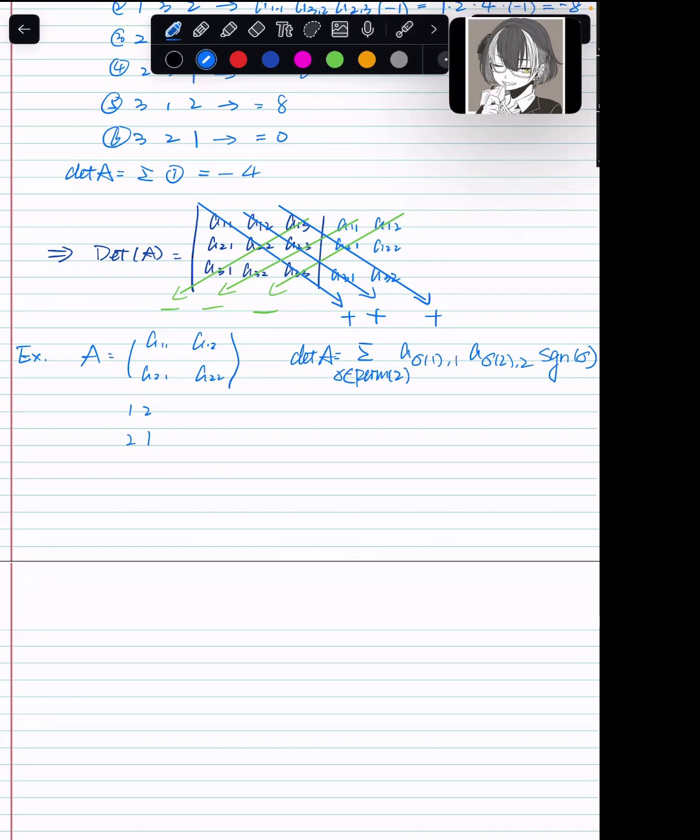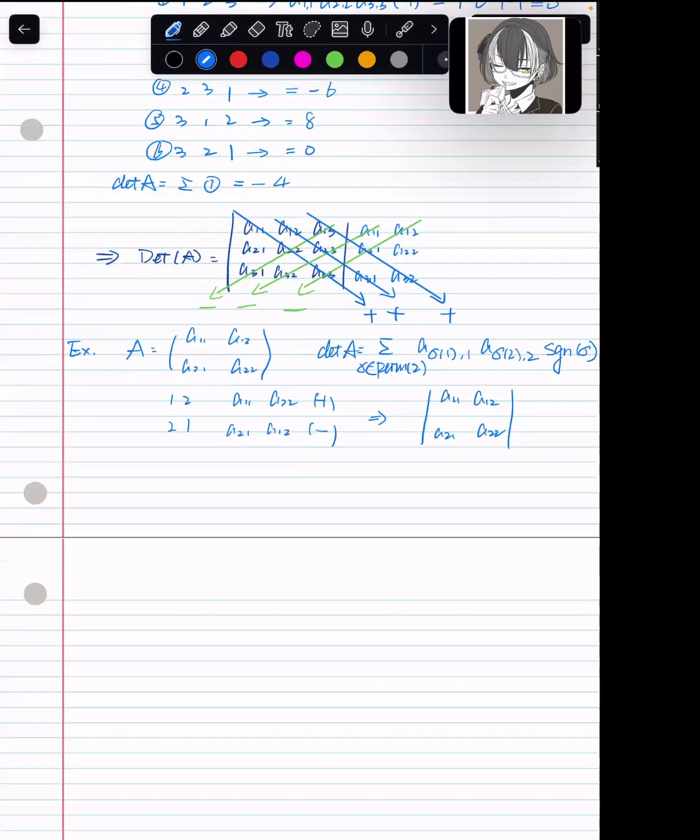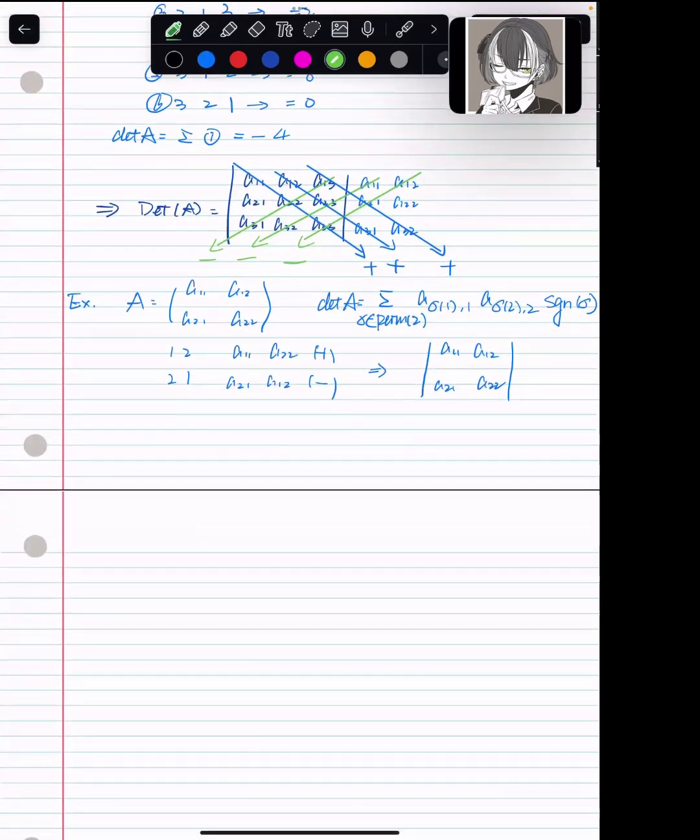And basically, if you're doing a 1, 1 and a 2, 2, then it's a positive. If we're doing a 2, 1 and a 1, 2, then it's a negative. So the determinant of this is actually A21, A22. It's similar but easier.